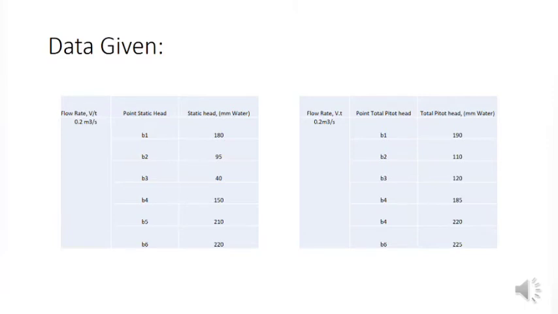We have the static head of the water, the height. We can call the heights 0.1, 0.2, 0.3, 0.4, 0.5 and 0.6, which have different heights on the static head. The total head also has a different height at each point.